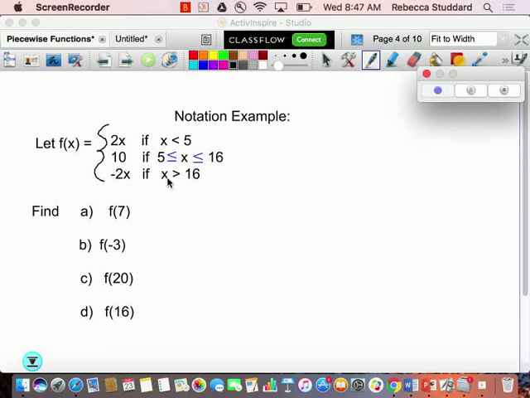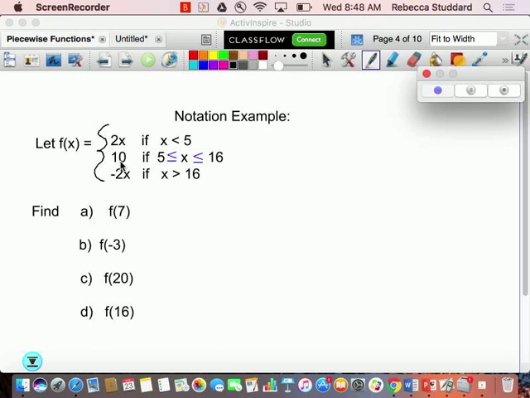Let's look at example A. Find f of 7. Which part of the domain does 7 fit into? Less than 5, between 5 and 16, or greater than 16? It's between 5 and 16. So, what is the value of f of 7? 10.